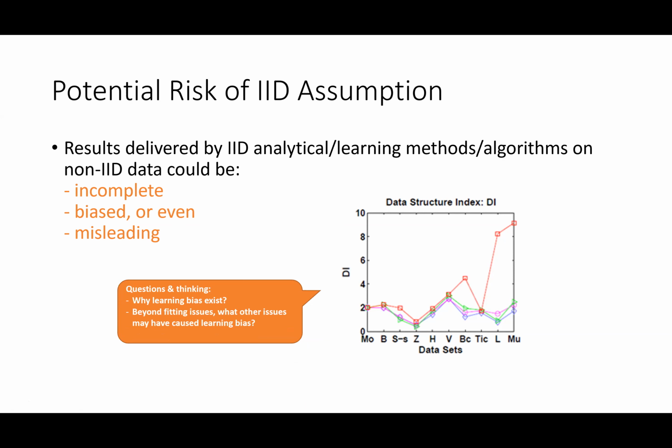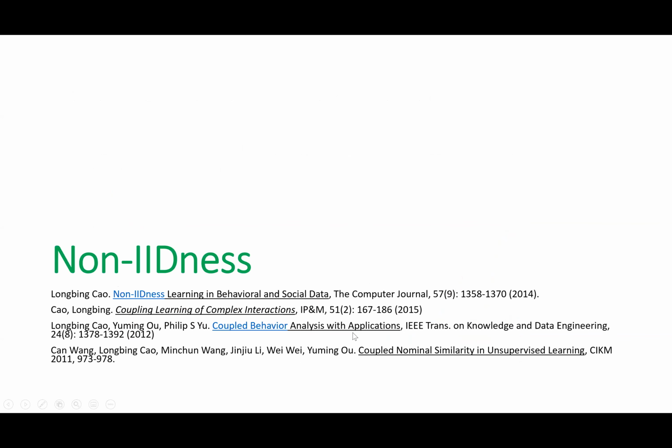We understand that in overfitting or underfitting, if we don't do it properly, it could include bias or variance, right? But it goes beyond fitting, and this bias could come from a better model, or a better learning process. But today I want to talk about that. What I want to say is that the bias could be caused by the IID assumption in many cases, right? So now I move to the important concept called non-IIDness.